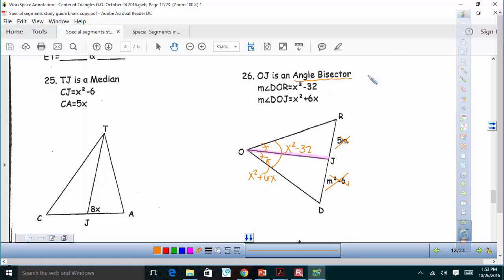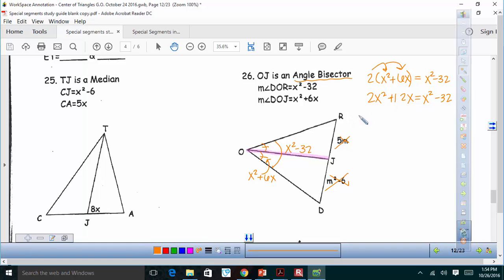So we're going to do 2 times the part, which is x squared plus 6x, equals the whole, x squared minus 32. So 2 times x squared is 2x squared, and then 2 times 6x is 12x, and that equals x squared minus 32.